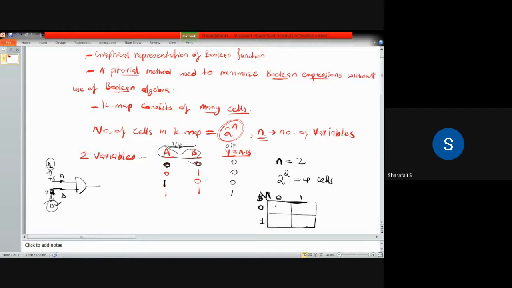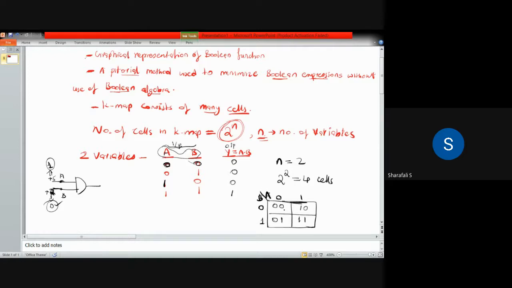So in this cell, what will be the value of AB? This cell will be 0, 0. If you are representing AB, then this one will be 1, 0. And if you are representing AB here, then it is 0, 1. If you are representing AB here, then it is 1, 1.